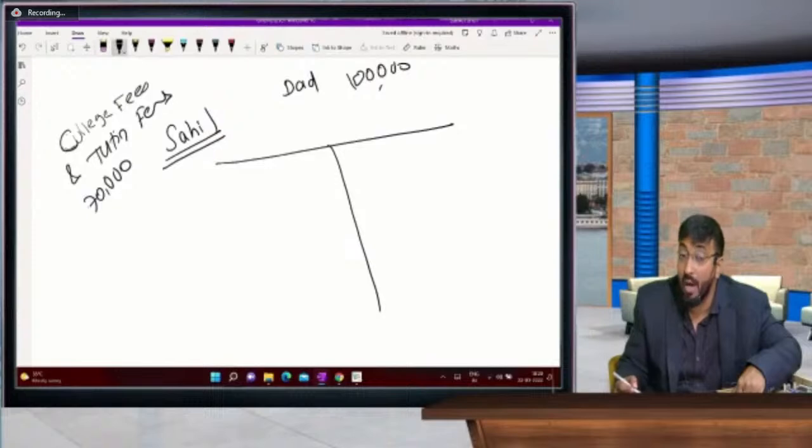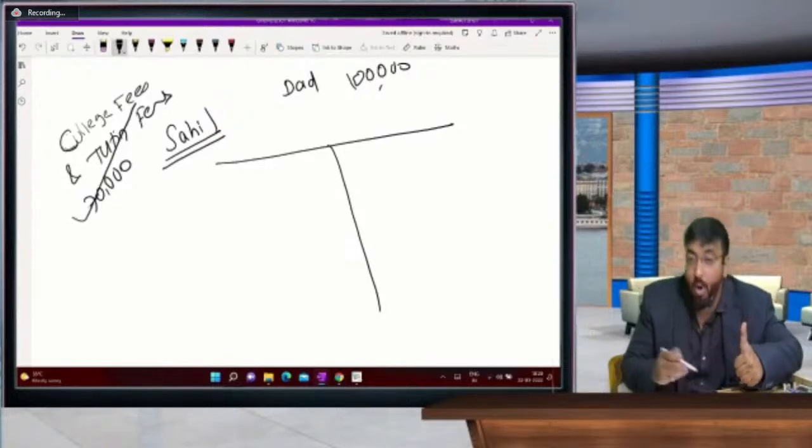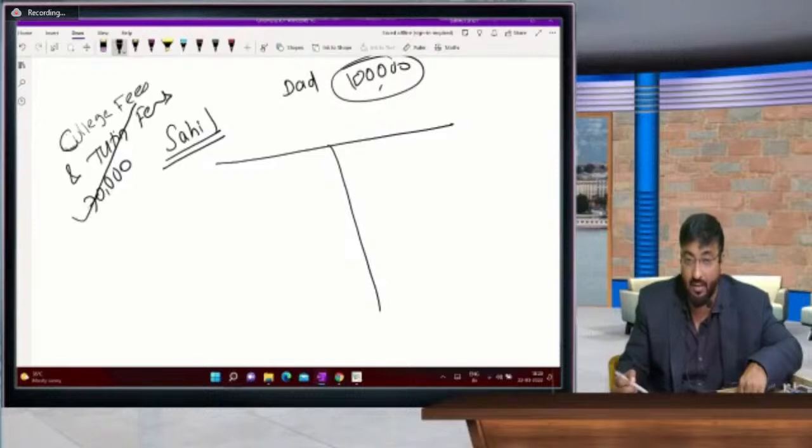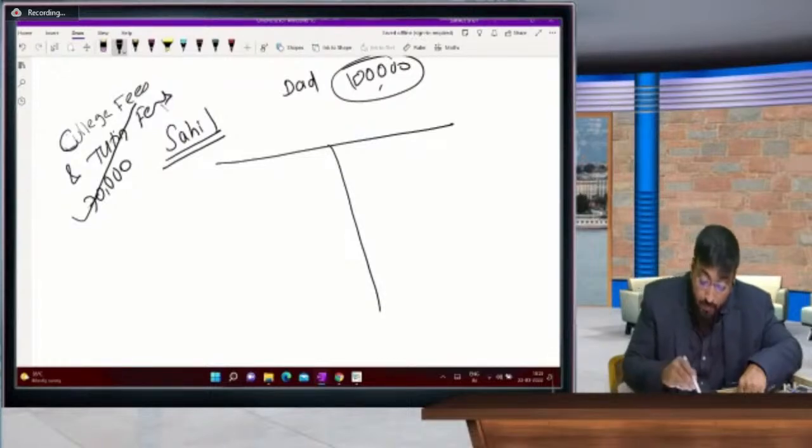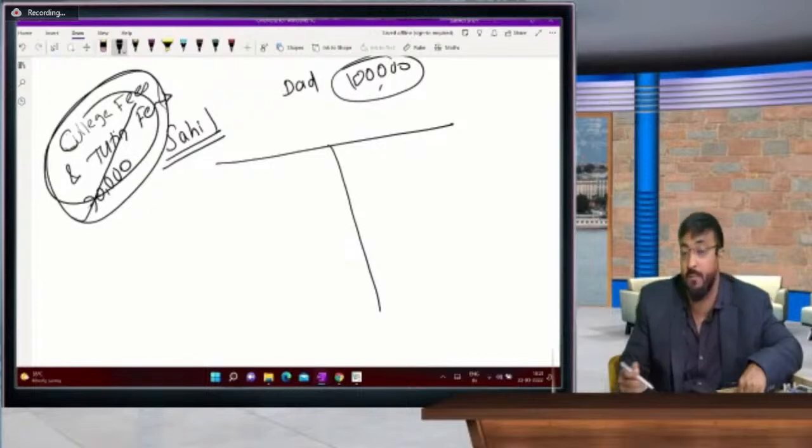Whether it's possible to give a necklace to your mom on her birthday, though he is earning 1 lakh? No. Why? Because the priority is your tuition fees.